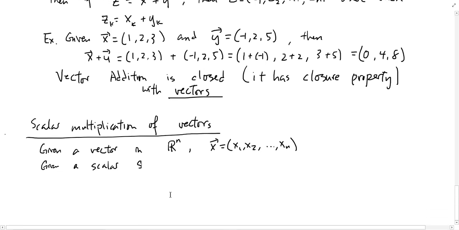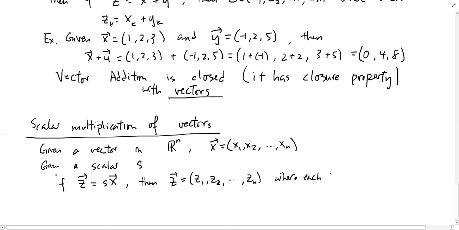Then what happens is the following. If vector z is equal to S multiplied by vector x, then that means vector z is equal to z1, z2, dot dot dot, zn, where each z sub k is equal to S multiplied by x sub k.